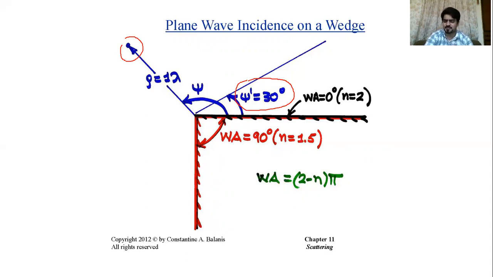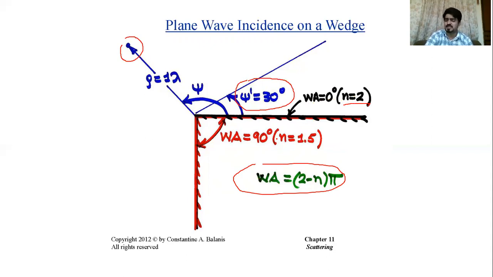Again, we will consider two types of wedges, one with a wedge angle of 0 degrees, and that is nothing but small n equals 2 in this expression. This is the expression for your wedge angle, and if you substitute n equals 2, the wedge angle will be 0 degrees. The other one is a wedge angle of 90 degrees, and you can get that with n equals 1.5.